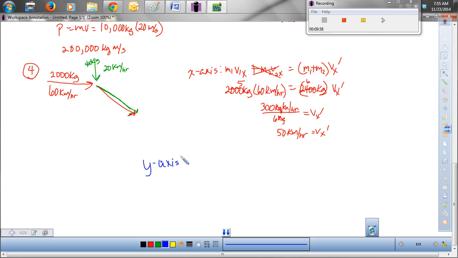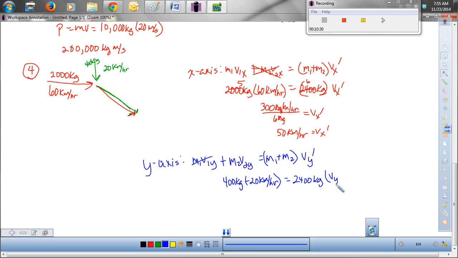M1v1y, which is 0, plus M2V2y is equal to M1 plus M2, because they're stuck together, Vy prime. So now I have 400 moving at a negative 20 because it's to the south equals 2,400 kilograms times Vy prime.